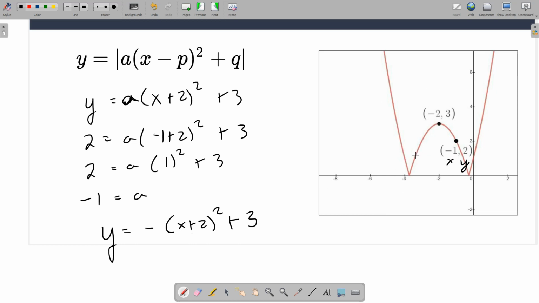The original parabola looked like this, going downwards, but because of the absolute value signs, everything got reflected up. So I'm just going to put absolute value signs around the entire thing. And that's the solution right there. I had my original parabola, I saw that it was reflected, and I put absolute value signs to denote that at this part, everything got reflected up.